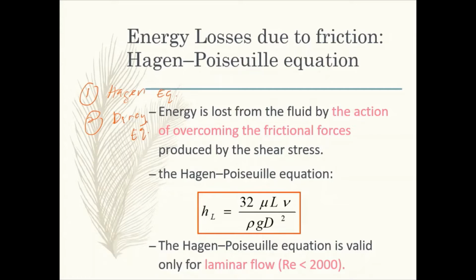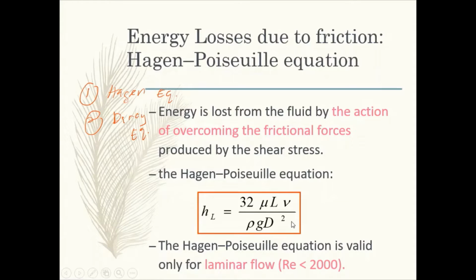For the Hagen-Poiseuille equation, the formula is HL equal to 32 times the dynamic viscosity, times the total length of pipe, times the velocity of flow, divided by the density of fluid, times the gravity, times the diameter of pipe squared.